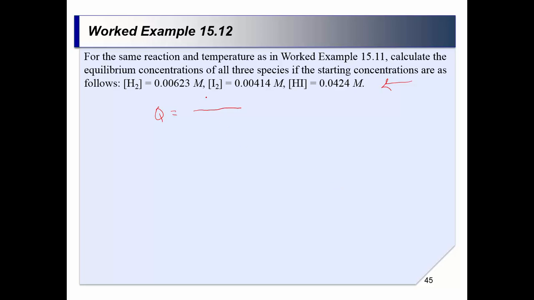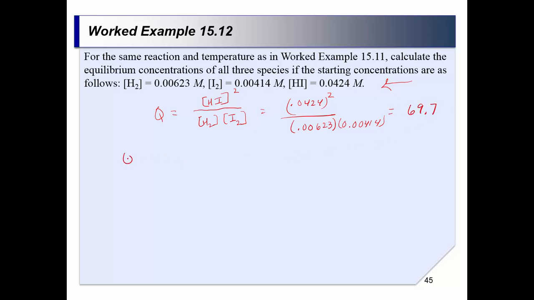So remember that the equilibrium expression was based on HI squared over H2 times I2. So then put your numbers in and calculate. So you need to square the 0.0424 and then divide by the product of these numbers. And I get a Q value of 69.7.